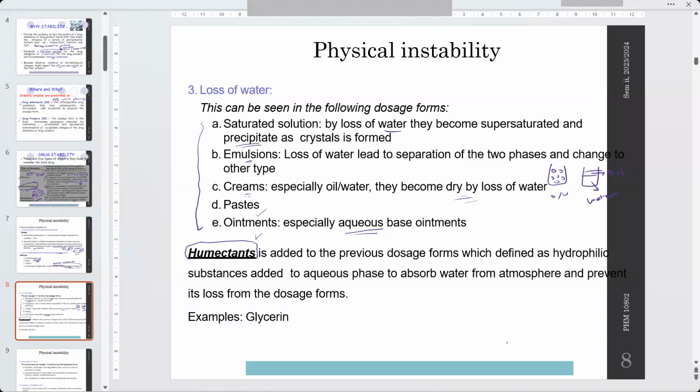Okay, so the definition of a humectant is a hydrophilic substance added to the aqueous phase to absorb water from the atmosphere and prevent its loss from the dosage forms. Examples of humectants are glycerin and propylene glycol.